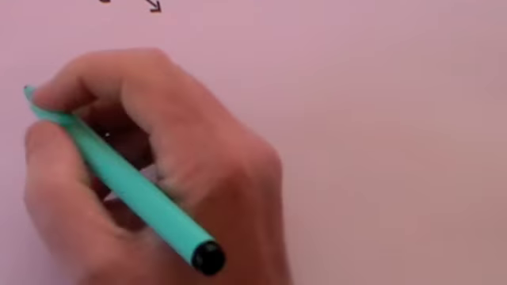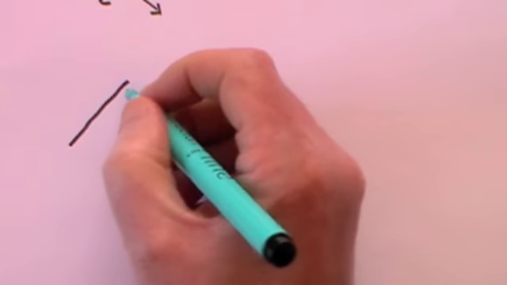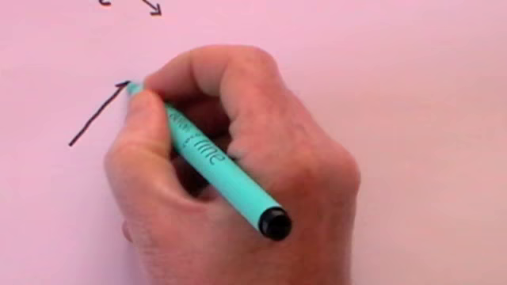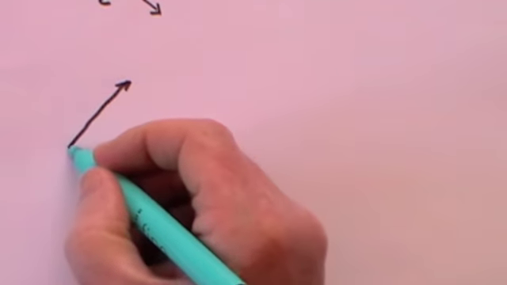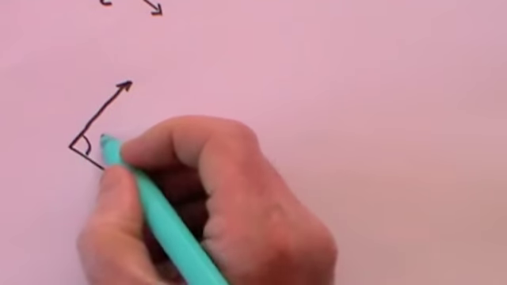I'm just going to do it for two vectors to keep it simple, and I'm going to take vector A in this direction and vector B in this direction, and the angle between them I'm going to call phi.